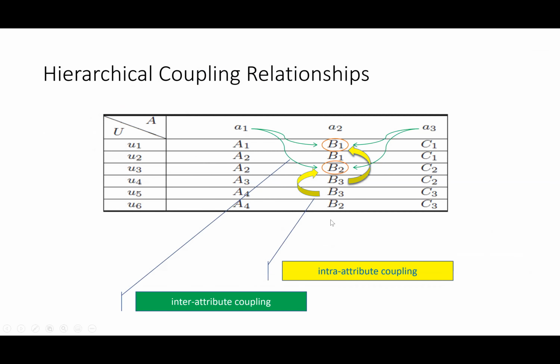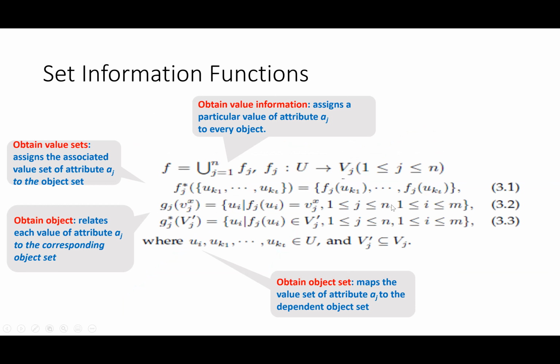Put in a simple way, it is the same as what we explained already: you have intra-attribute value couplings and inter-attribute relationships, and if you have labels, you could have feature and label relations as well. And how do we model that?